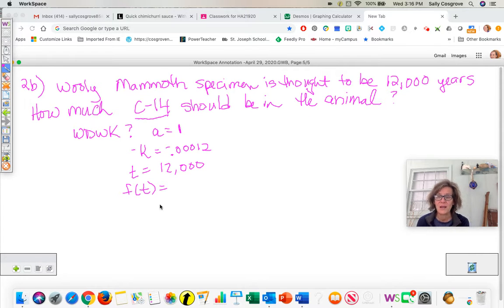How much should be there? So after 12,000 years, how much carbon-14 is there? We don't know, but we can find out pretty quick. So let's put everybody in the right position in the problem. f of t, which we don't know, equals A, which is 1, times e to the negative 0.00012 times t, which is 12,000.